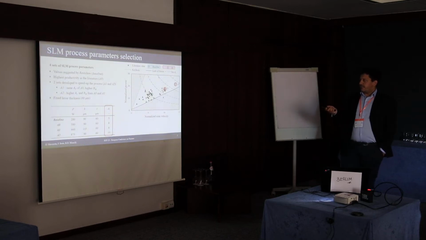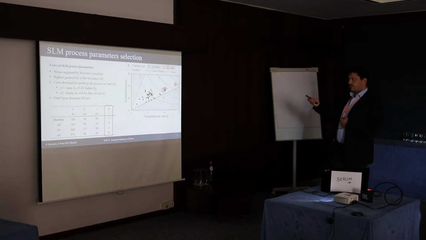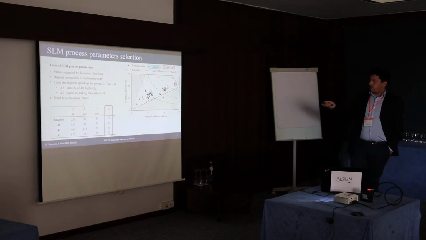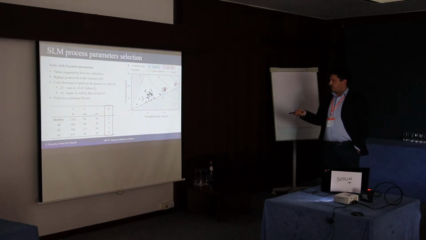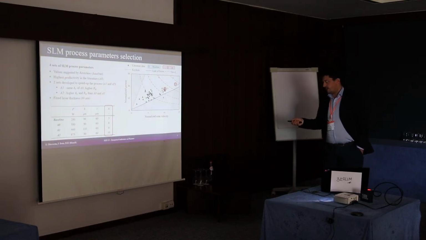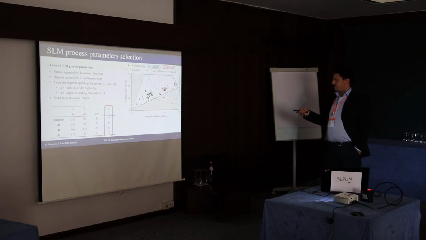One is A0, the one that we found in the literature with the highest aspect ratio, about 8, and 2 parameter sets that we developed within this framework. A1 has the same aspect ratio as A0 but a higher productivity, and A2 has an increased aspect ratio.